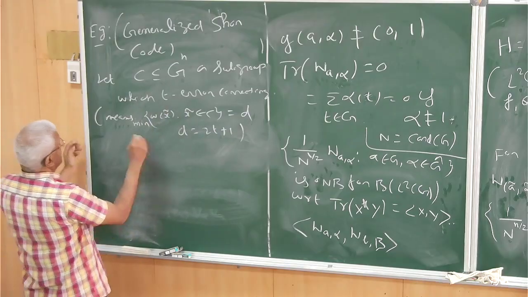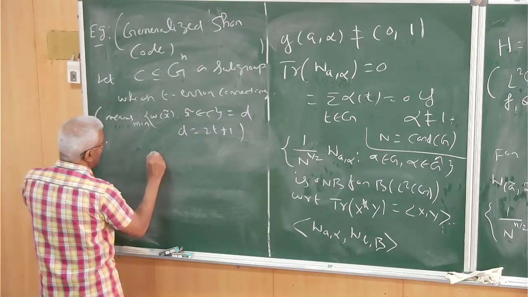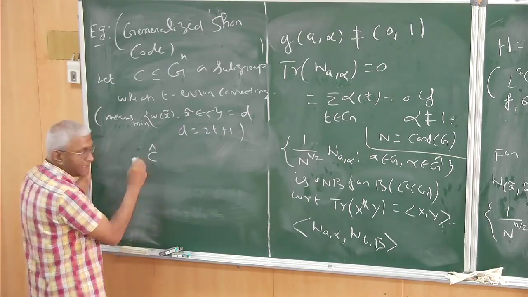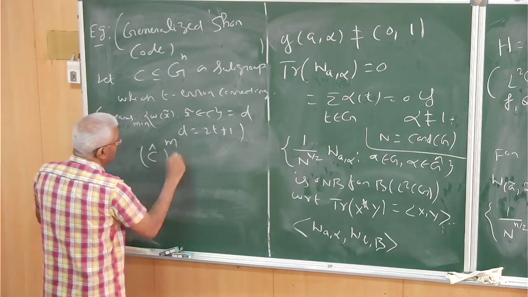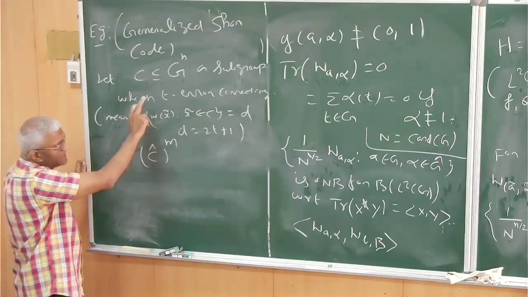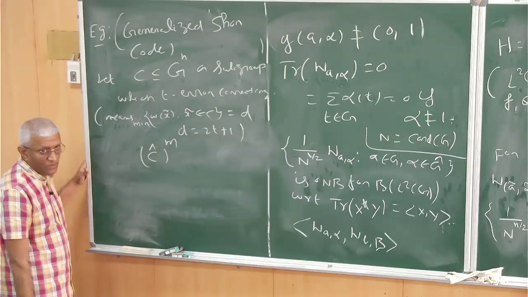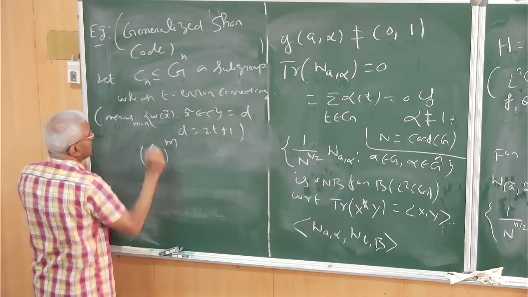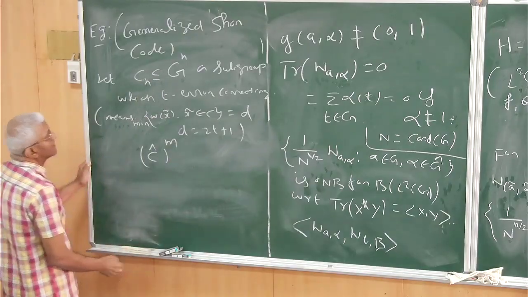Then you take C hat. C is a subgroup, so you can take C hat. You take M power of that. Maybe you can put a C here, because N and M are the same.